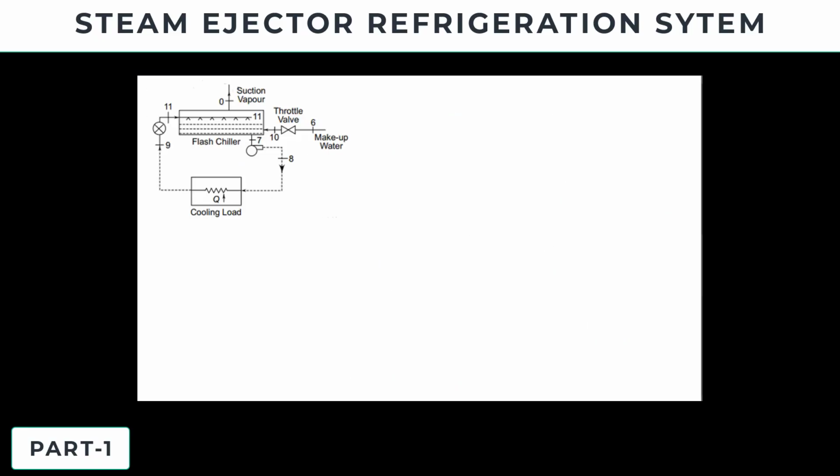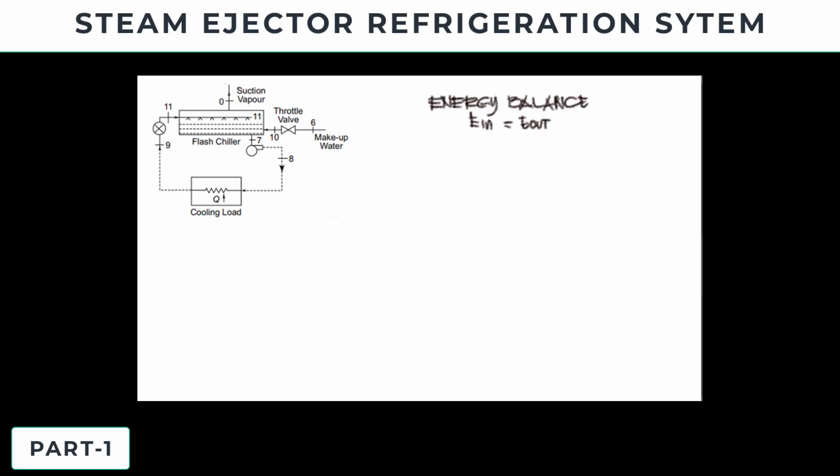Now let's try to isolate the flash chiller cycle to determine the energy balance and to get the mass flow rate circulating in the system.